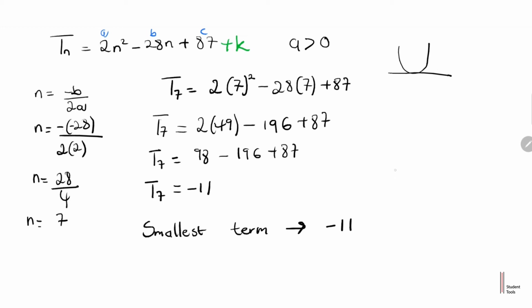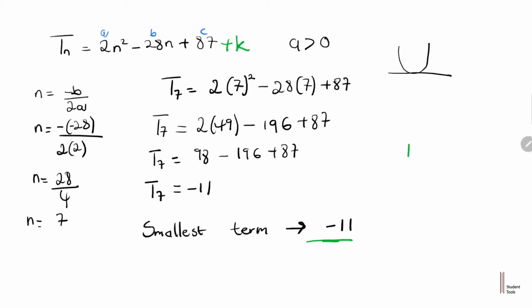So one thing that we know is that the smallest term is negative 11, and that's the one which is the smallest. So if we were to add anything on this nth term, it should be greater than this 11 to make it at least a positive number.